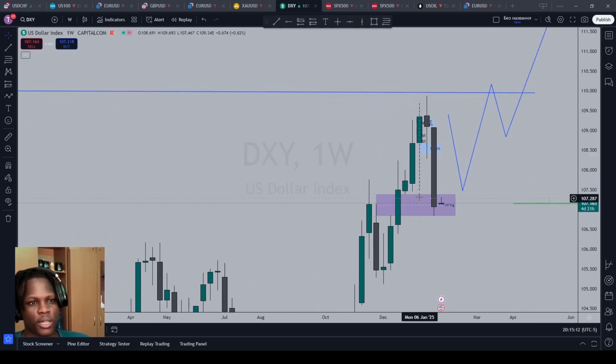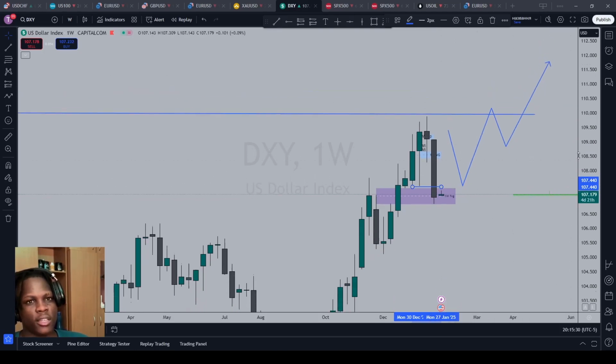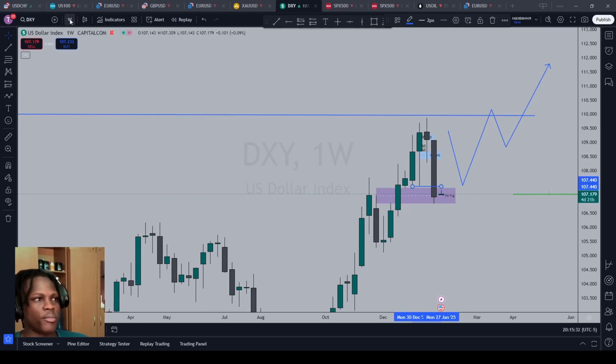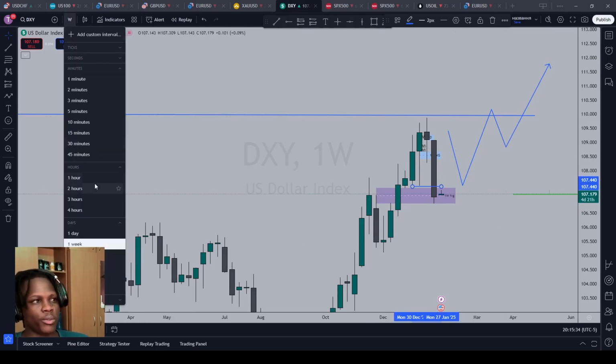On Tuesday, I was expecting the market to take out these relatively equal lows, then retrace, taking out maybe a high created here, and then go up for the rest of the week.